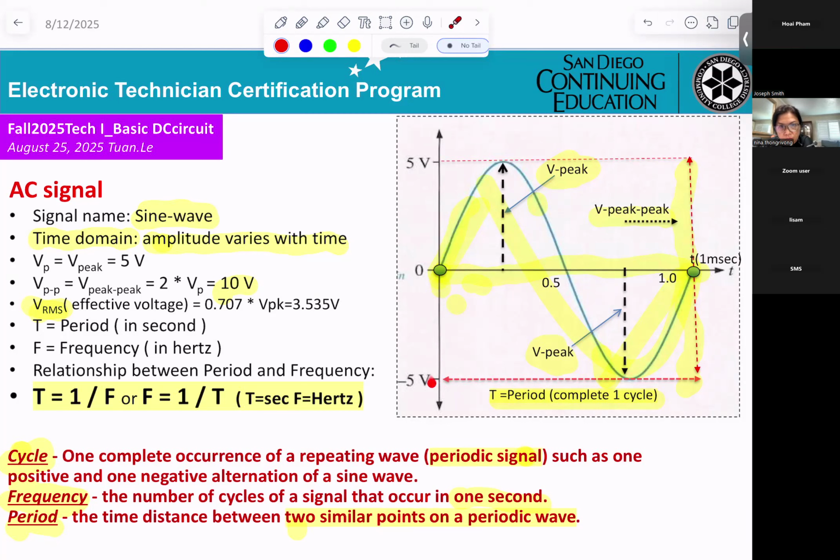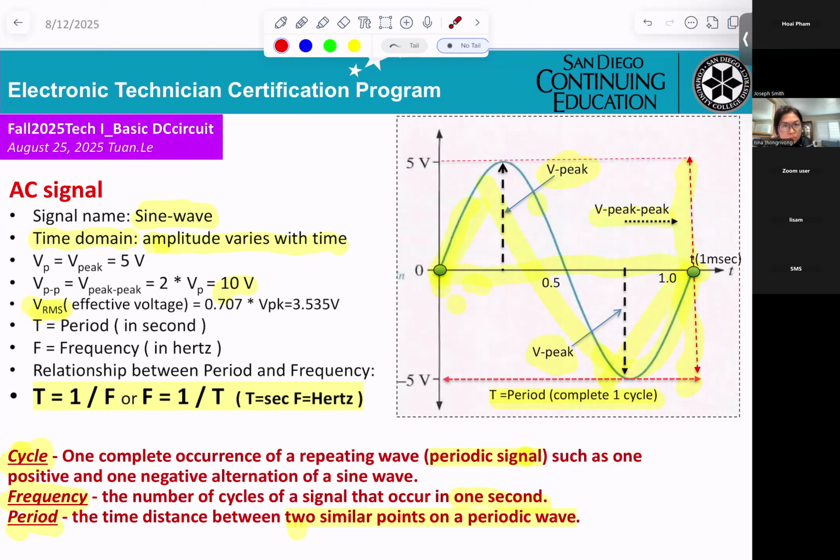This is the amplitude, and this will again be time domain. And this signal we call a sine wave. It's going up, going down, going up again, and it can run forever, keep going. Okay?